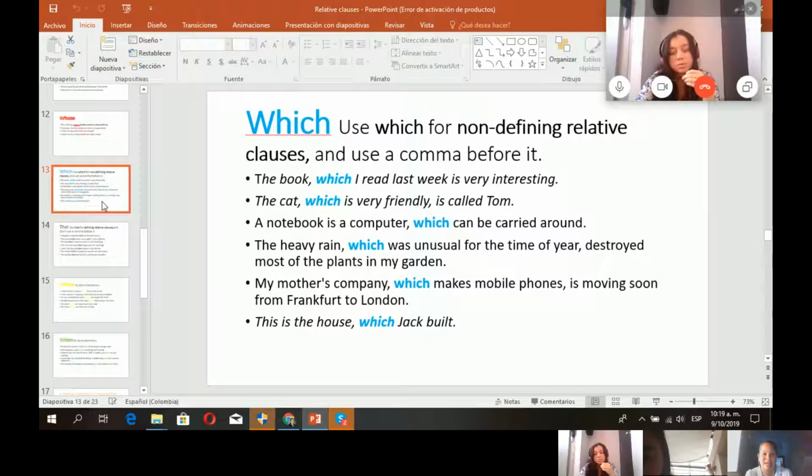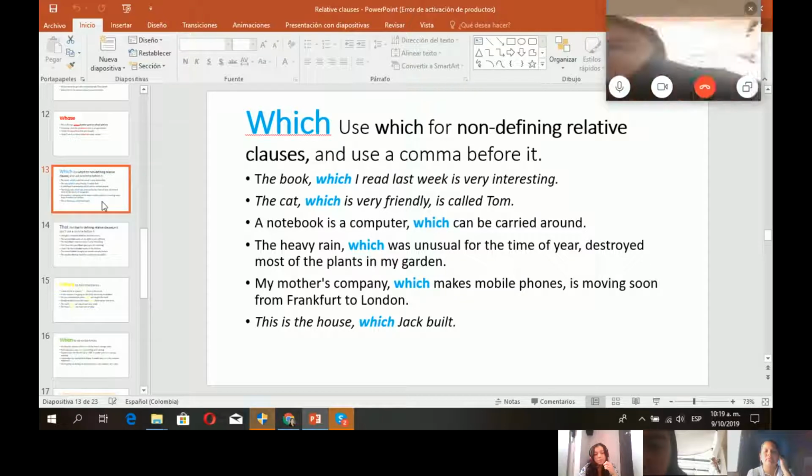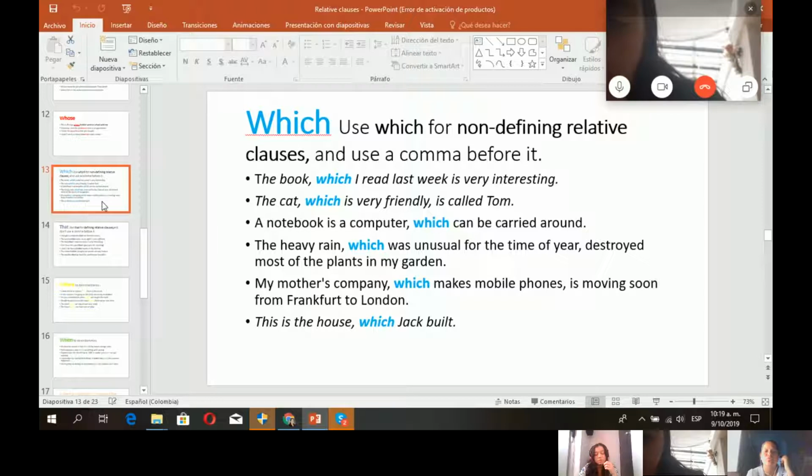Okay, Maria. The heavy rain, which was unusual for the time of year, destroyed most of the plants in my garden.